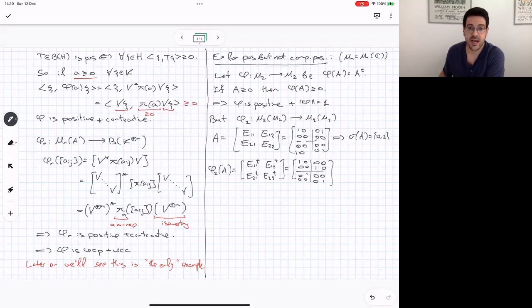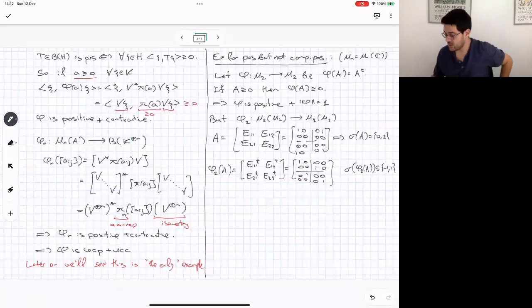In particular, it's unitary, and it's self-adjoint, so its spectrum has to be in {-1, 1}, because it's unitary, but real unitary. So we see two things. One, phi 2 is not positive.